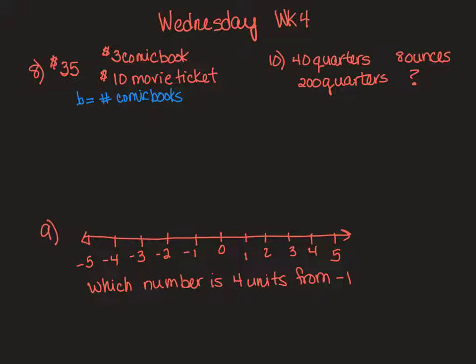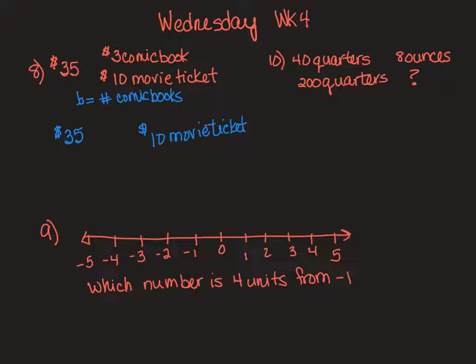So I'm going to have an inequality. I'm going to start with $35, and I need to know that I'm going to have enough money for that $10 movie ticket. I need $10 for that movie ticket, okay?